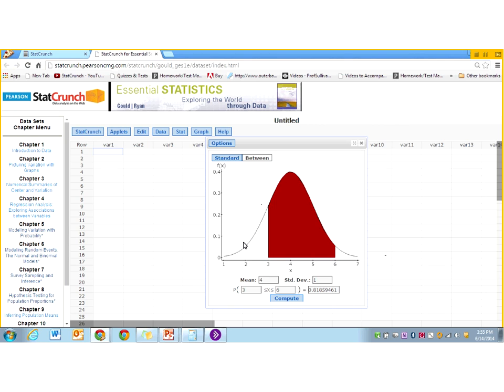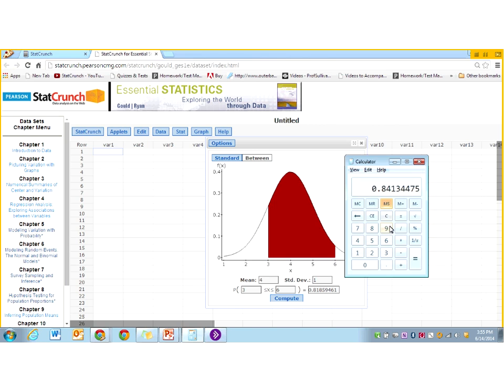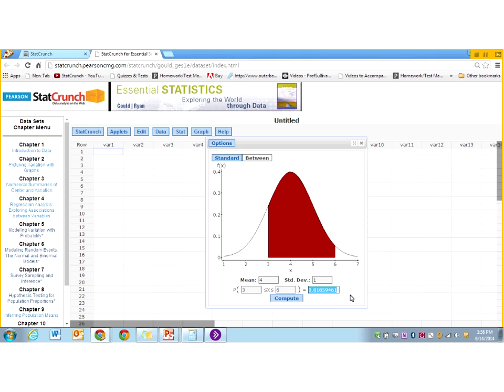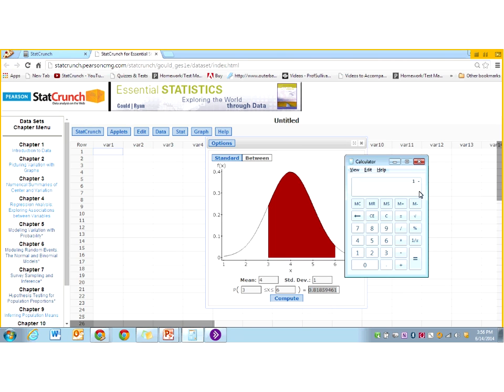Well, we have all the tools because, remember, the area underneath the curve is just equal to 1, and we could do 1 minus this number, and that will give us the area in these little white tails.